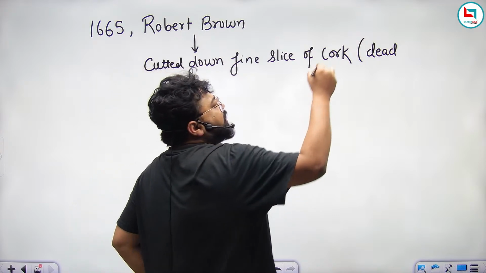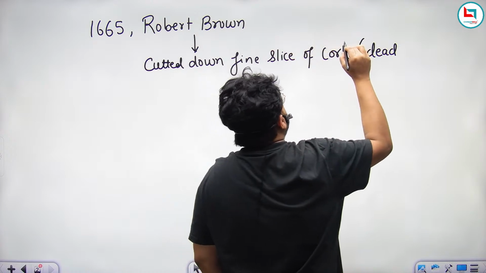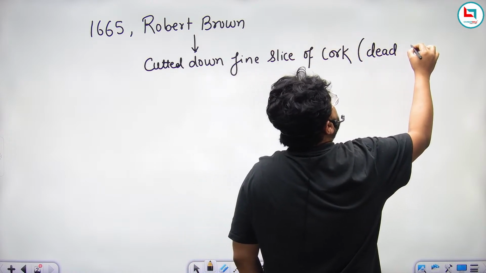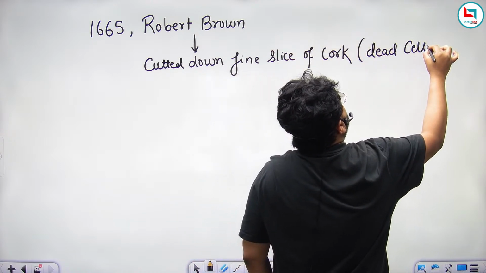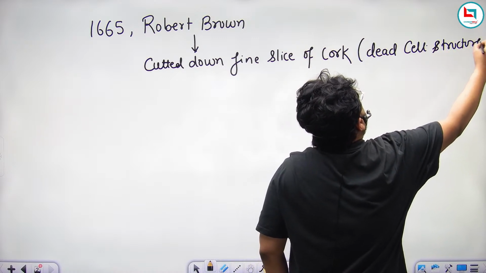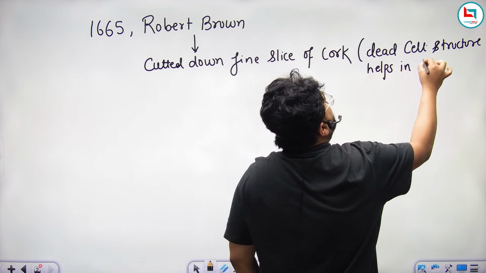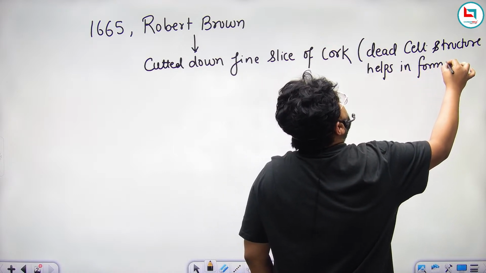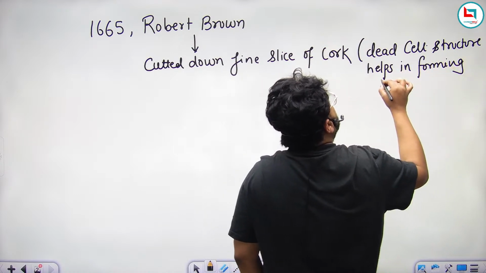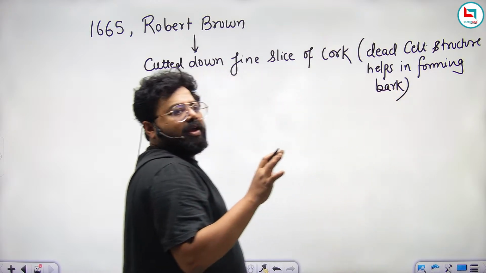Fine. So he cut the fine slice of cork, that is dead cellular structure, helps in forming bark. So all of you have seen a tree.